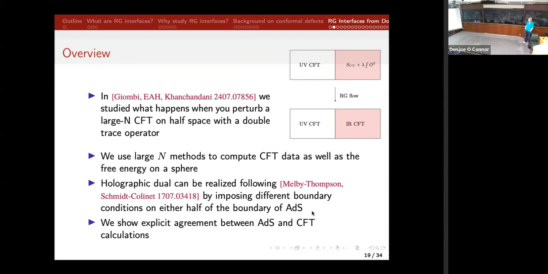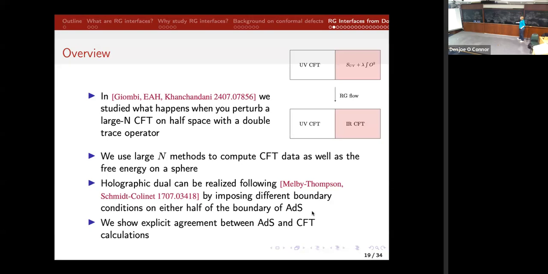So here I'm talking about a physical, usually a subspace. I'm talking about an extended operator. If you had a line defect, you'd add to the action something that only depends on one coordinate, integrated over all of space with tau going from minus infinity to plus infinity.